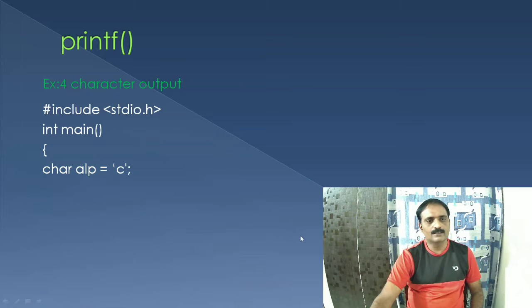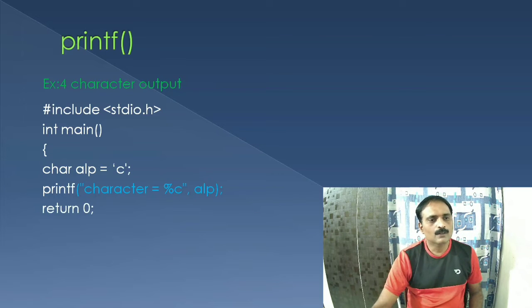Now I can use the printf statement in order to display it. So printf character is equal to %c. Here this is the format specifier for the character, and alp. Whatever character we have assigned to this alp, that will be printed here.